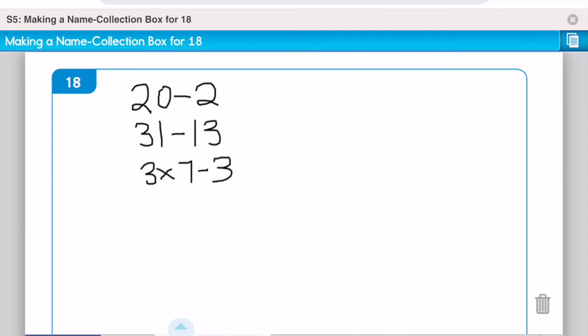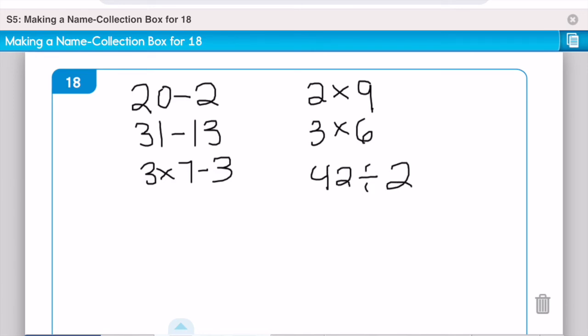Of course, the doubles fact, 2 times 9, or you all probably know that 3 times 6 is 18. Or how about 42 divided by 2 minus 3. Those are just a few examples. There were many more. Check to see if you have 5 names for 18 without using plus and without using the number 8.